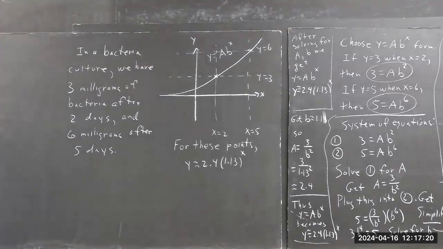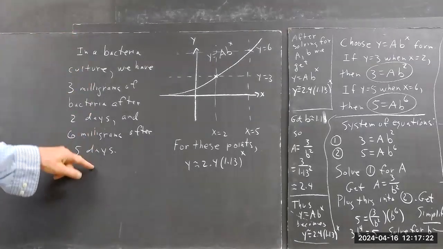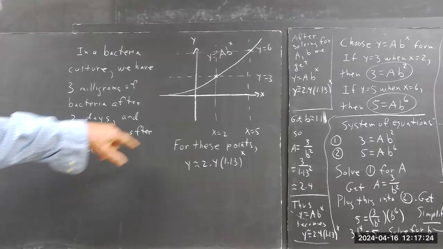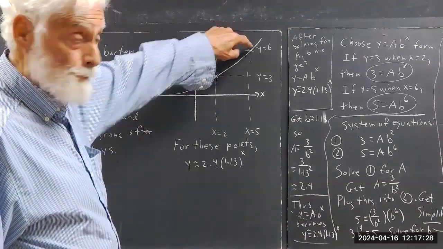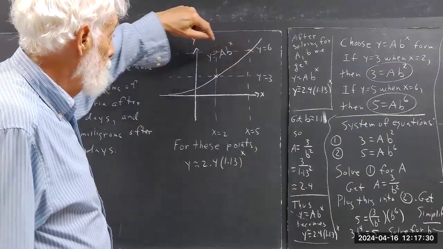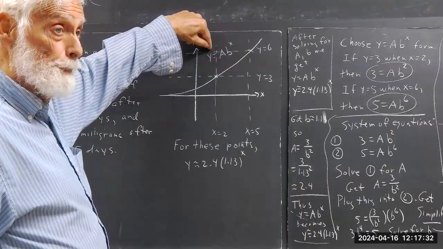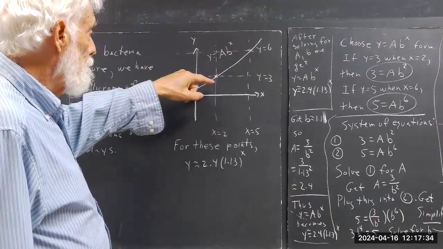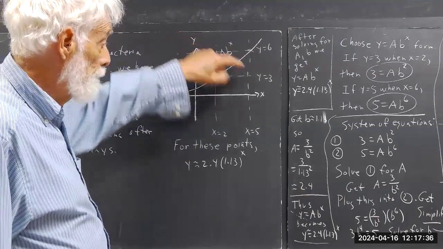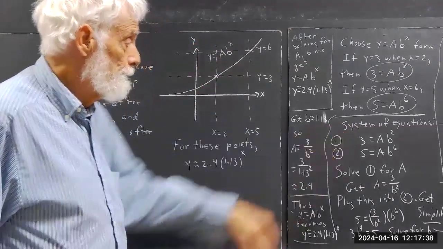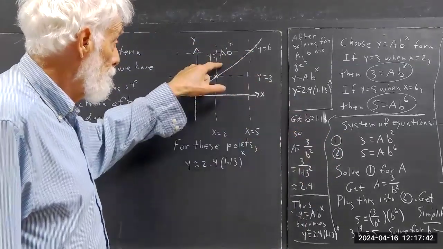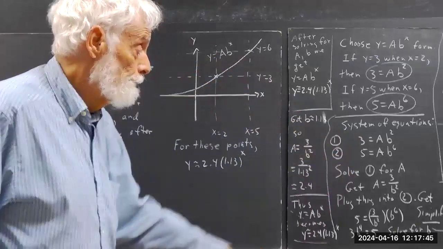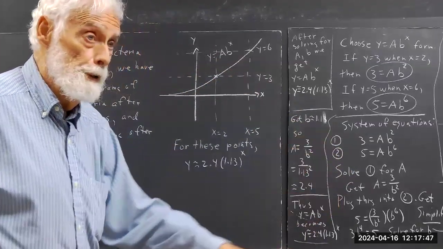We can take that information and put it on a graph. So we have 2 points on a graph. If we have 2 points on a graph in the form of the function y equals ab to the x, we can plug the x and y values of this point in here, and we get an equation. We plug the x and y values of this point into this, and we get another equation that we can solve for a and b.